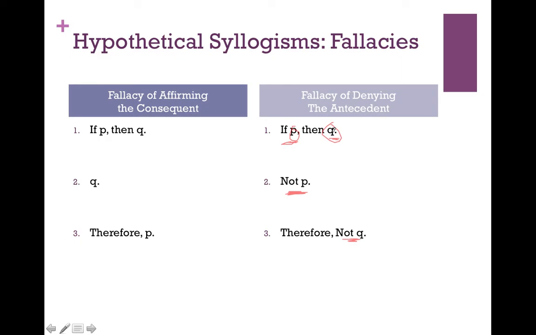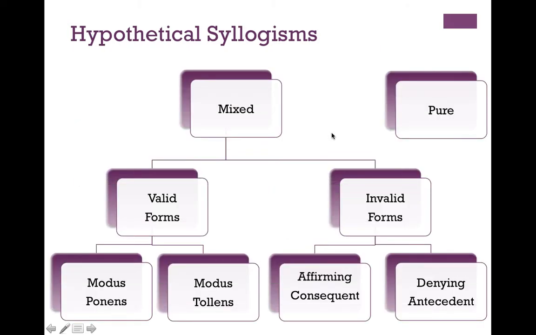Anyway, all right. So I just want to lay this out so you can see it. I don't know if this is the most effective chart here, but you can see that we have our hypothetical syllogisms, and at the broadest level we have mixed versus pure. And pure, everything in a pure is hypothetical, right? Mixed, you're going to have at least one premise that is not hypothetical and a conclusion that is not hypothetical.